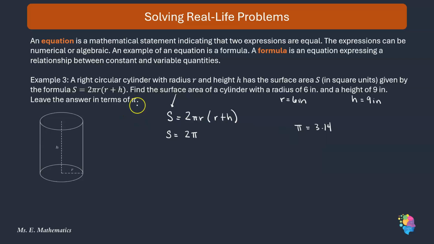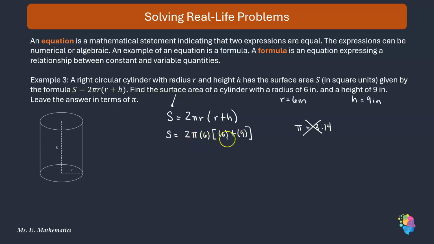But since they want us to leave it in terms of pi, they don't want us to replace it with 3.14. Let's do the r here. So the r will be 6. And then I'm going to do it again. I'm going to change this into square brackets so I can replace the r with a 6 and I don't confuse the parentheses, and the h with the 9.